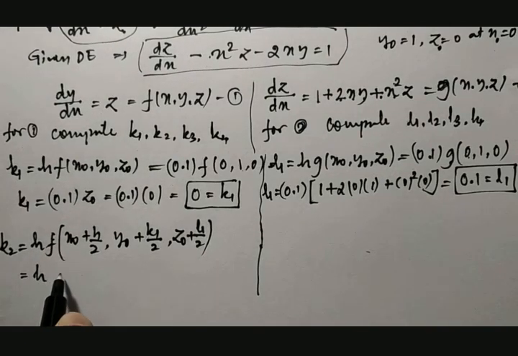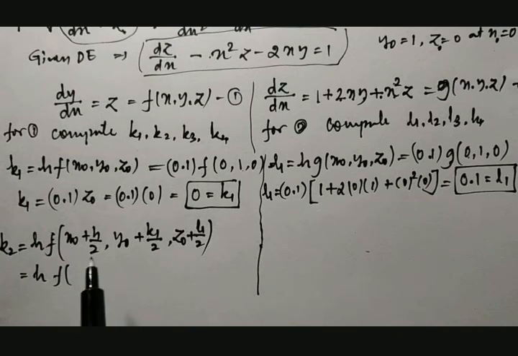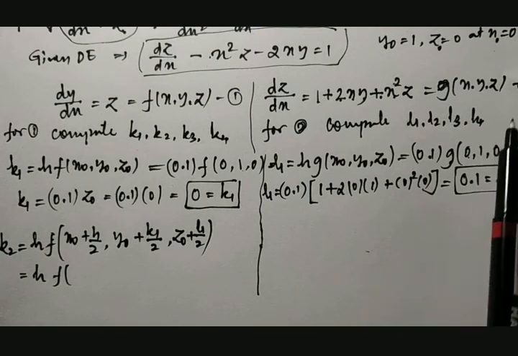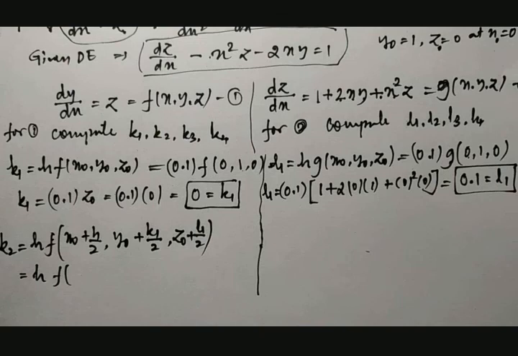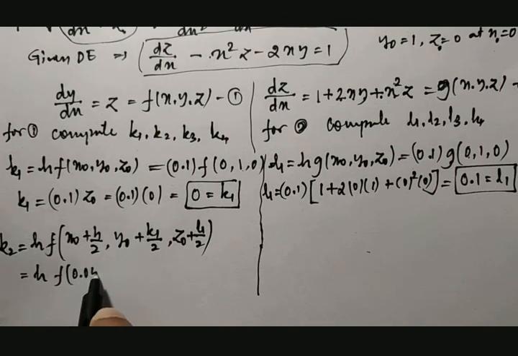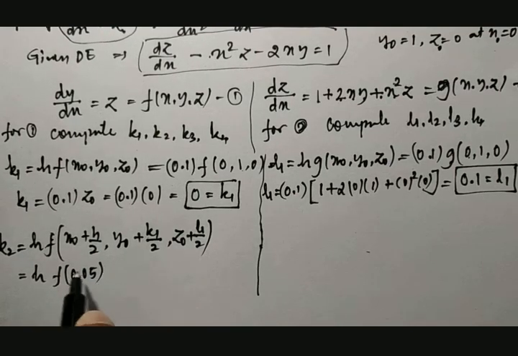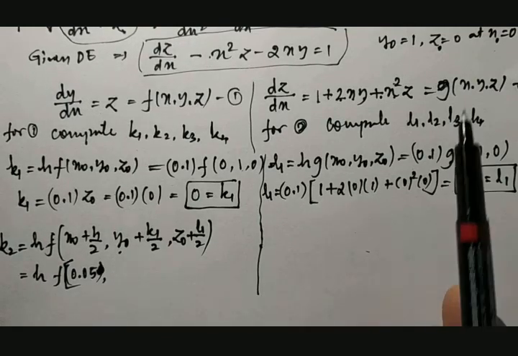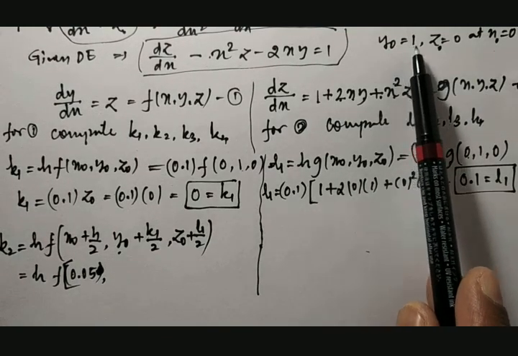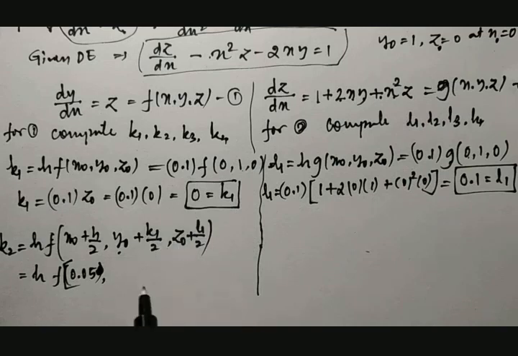Therefore, H into F of X naught 0, 0 plus H 0.1, 0.1 by 2, that is 0.05. Then Y naught is 1, 1 plus K1, K1 is 0, so it is 1.